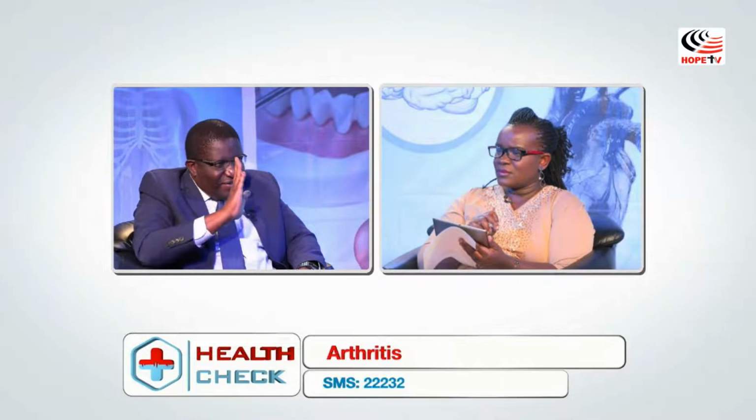Rheumatoid arthritis, once it damages the joint, you now go for an even more expensive intervention of surgery. We work as a team, the orthopedic surgeon, the physiotherapist, the occupational therapist, the nutritionist, the rheumatology nurse, and the rheumatologist.